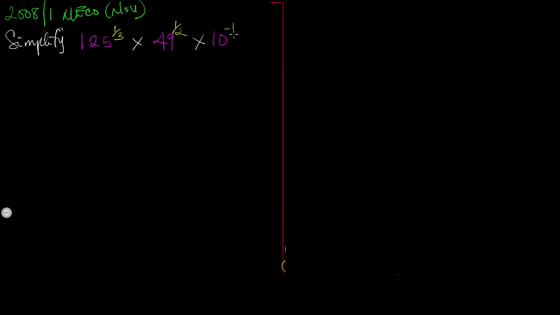Okay, so live students, go ahead and solve it, and those of us watching in the future, go ahead and solve it, and then we are going to compare these answers together.